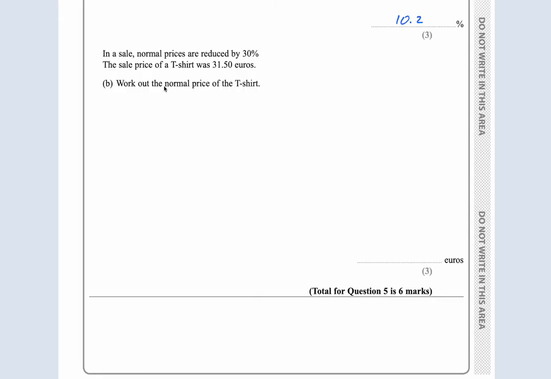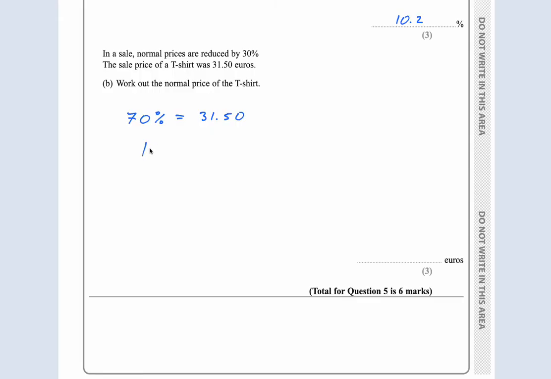Well, two ways to do it. I like to sometimes say, if it was reduced by 30%, this is actually 70%, because we subtract 30 from 100 and we get 70%. 70% equals 31.50.